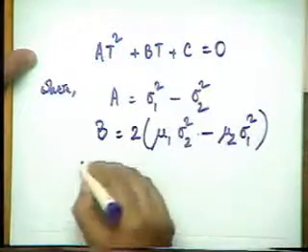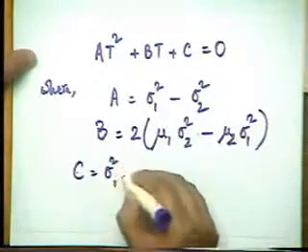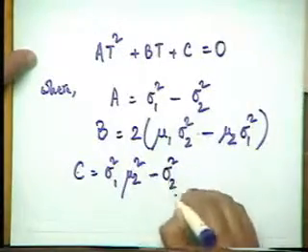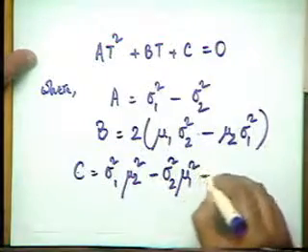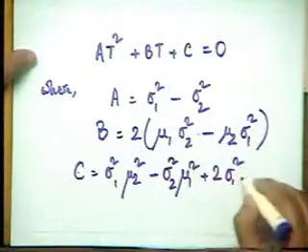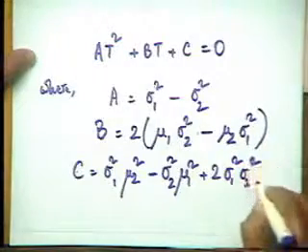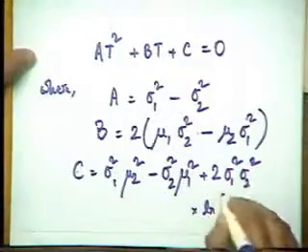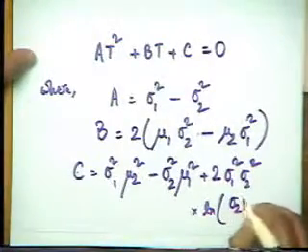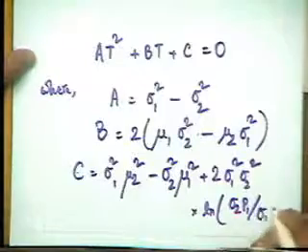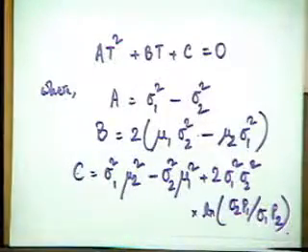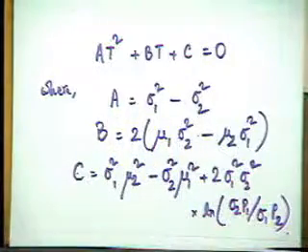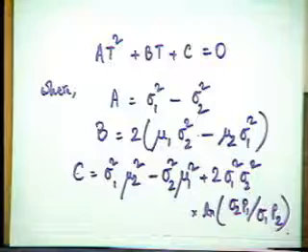And C is equal to sigma square 1 mu 2 square minus sigma square 2 mu 1 square plus 2 sigma 1 square sigma 2 square into natural logarithm of sigma 2 P1 divided by sigma 1 P2. These are the expressions for A, B and C. And this is a quadratic equation.